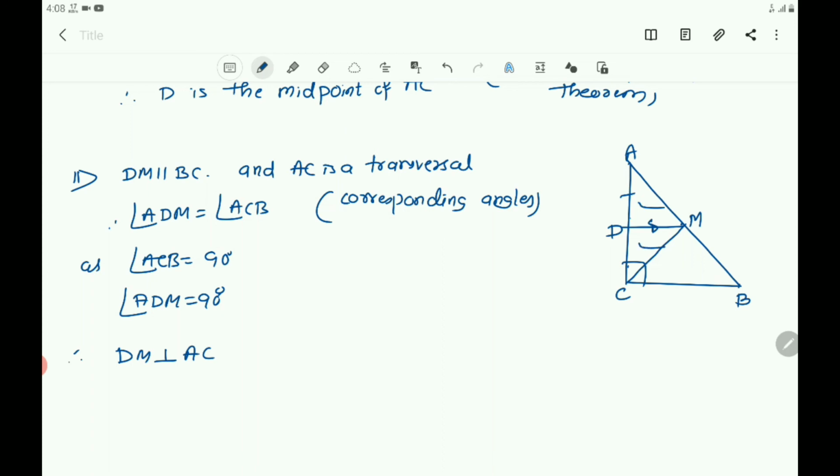Here you know that angles ADM and CDM are equal to 90 degrees, and AD equals CD as D is a midpoint, and DM equals DM, common side. So by using the SAS congruence rule, you can say that the two triangles ADM and CDM are congruent.